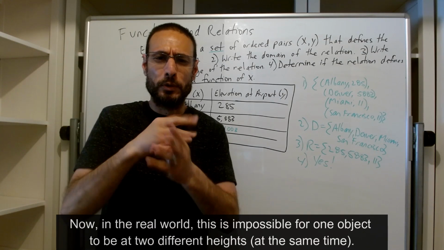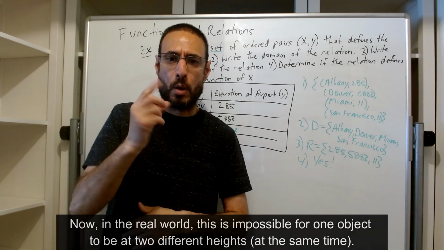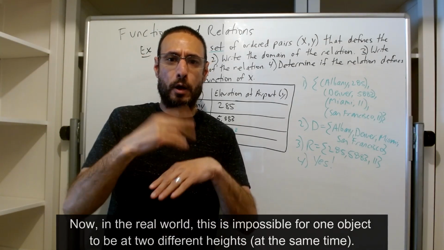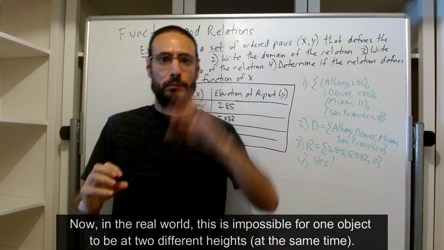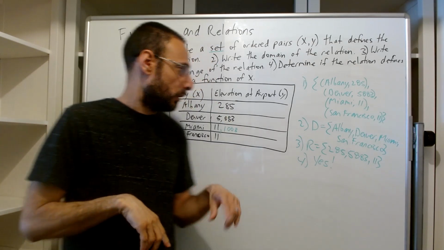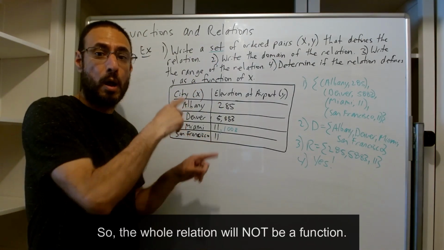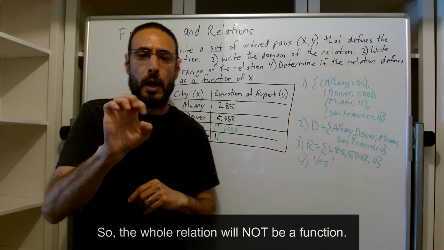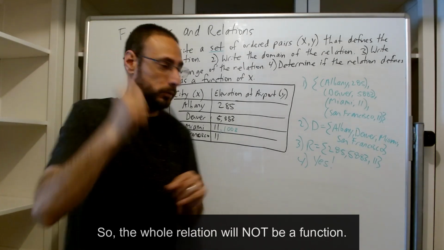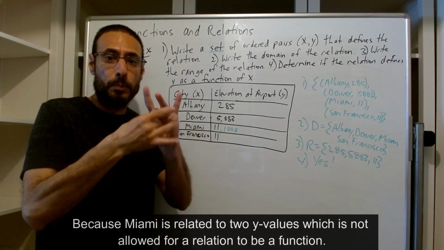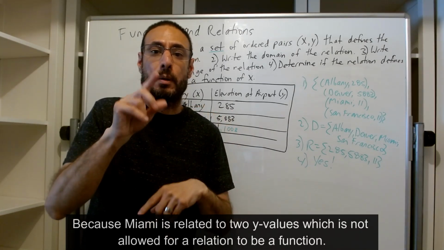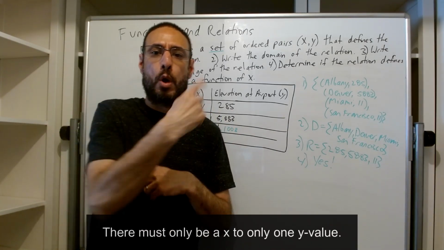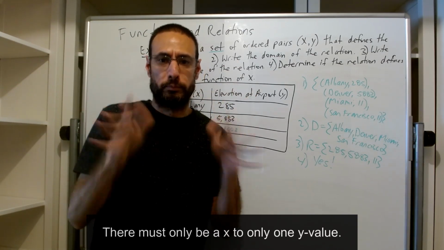Now, in the real world, this is impossible for one object to be at 2 different heights at the same time. So, the whole relation will not be a function. Because Miami is related to 2 y values, which is not allowed for a relation to be a function. There must only be one x to only one y value.